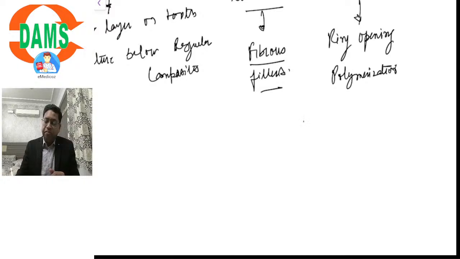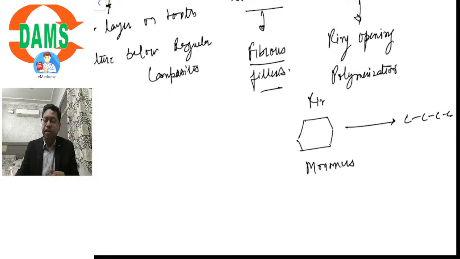Ring opening polymerization means they are monomers like rings. When they are polymerized, they become chains. From ring in the monomers, they become chains in the polymers. This is known as ring opening polymerization. So they have altered chemistry. And this ring opening mechanism reduces the polymerization shrinkage, the principal disadvantage of composite.